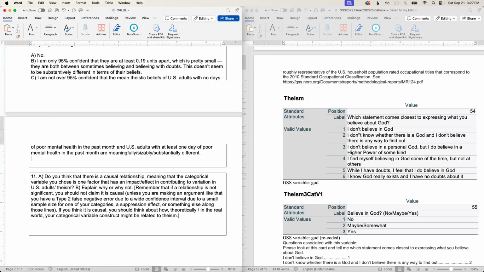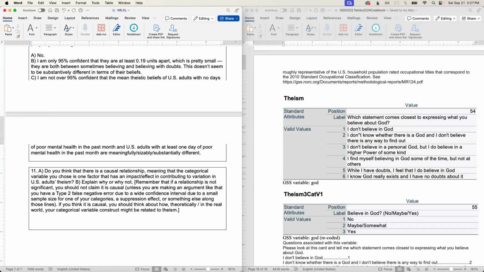Do you think that there's a causal relationship? So does whether somebody has had poor mental health days in the past 30 days have an effect on the level of their belief in God?